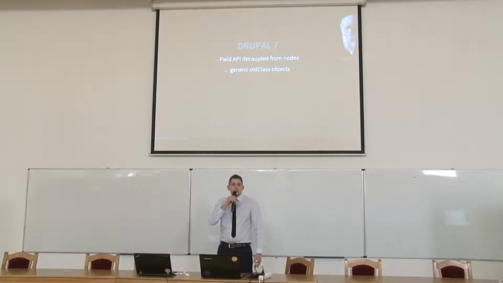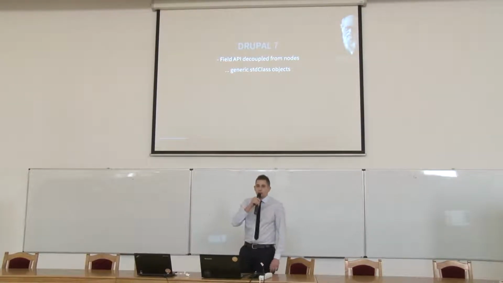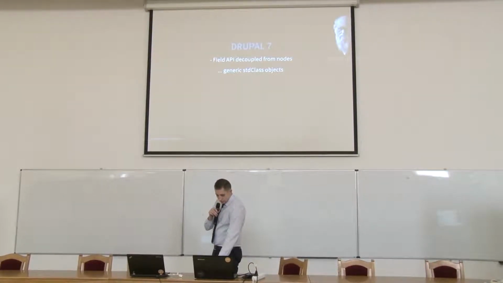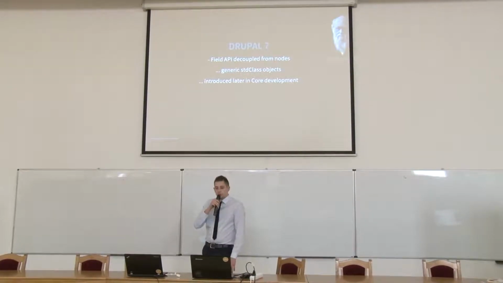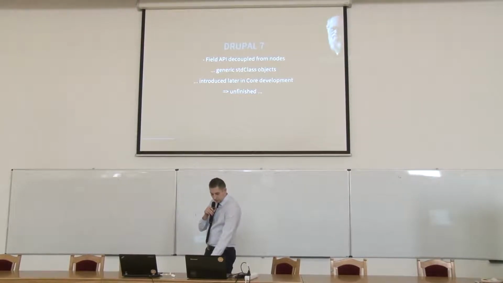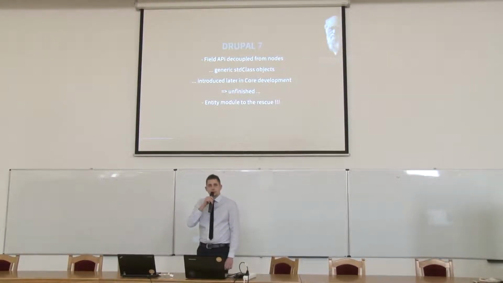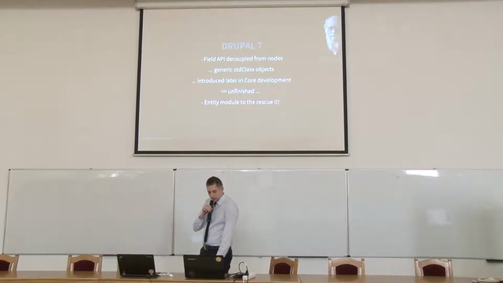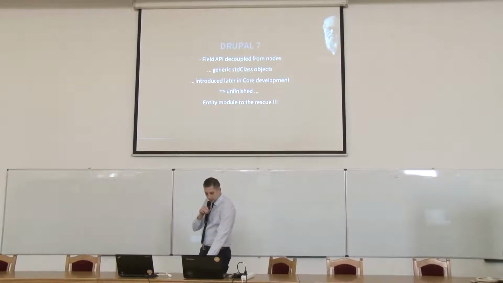It can be viewed as an array, but instead of keys we have properties. And it was introduced late in the core development, so it was unfinished. But we got the entity module that resolved the problems. Then we had the entity API complete.